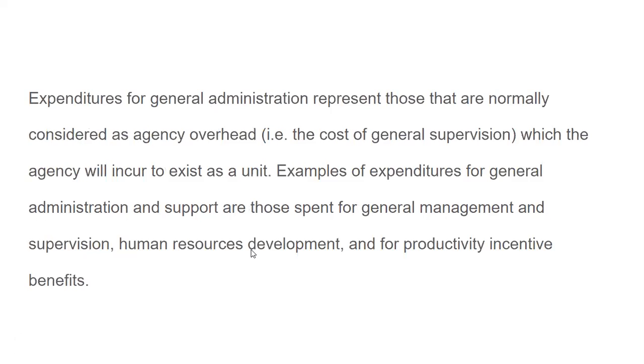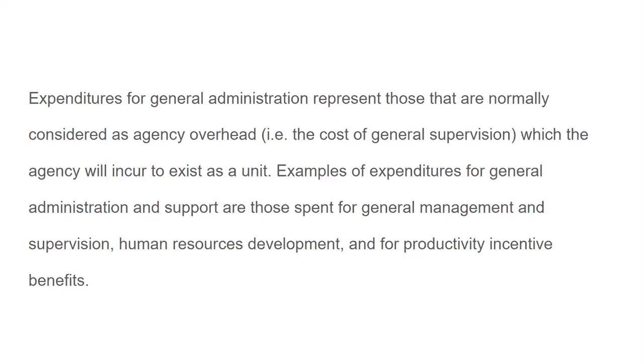Now, expenditures for general administration represent those that are normally considered as agency overhead. That is, the cost of general supervision of both the entire national and local government, which the agency will incur to exist as a unit.